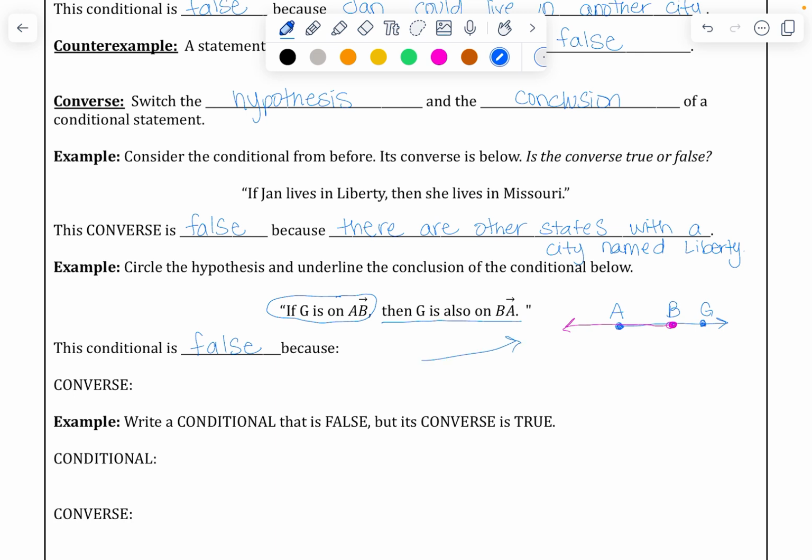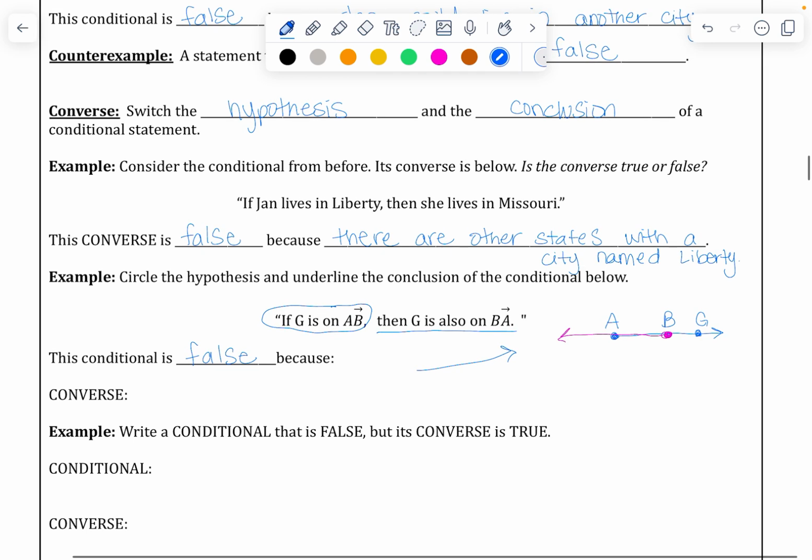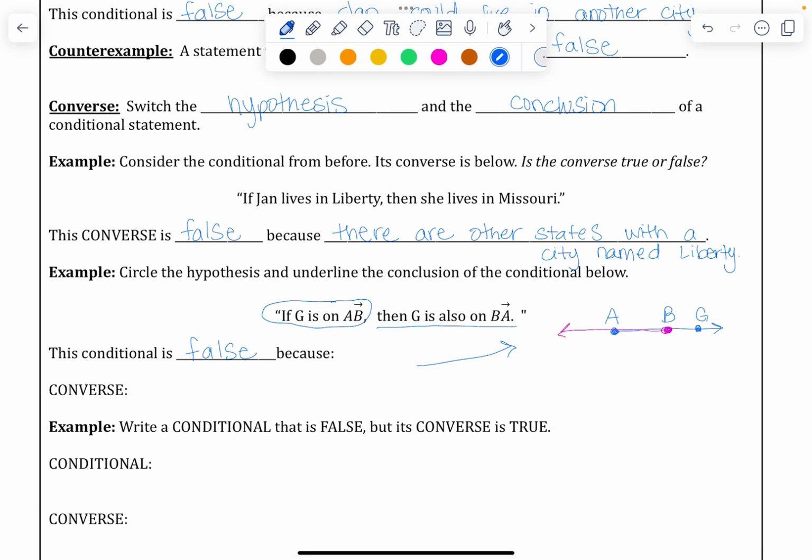Okay, a converse, remember if we go back up to the converse, that is here where we are switching the hypothesis and the conclusion. So we are now going to say if G is on BA, then now we're going to put our hypothesis, then G is on ray AB.